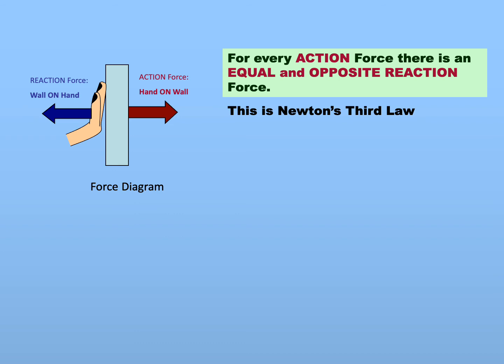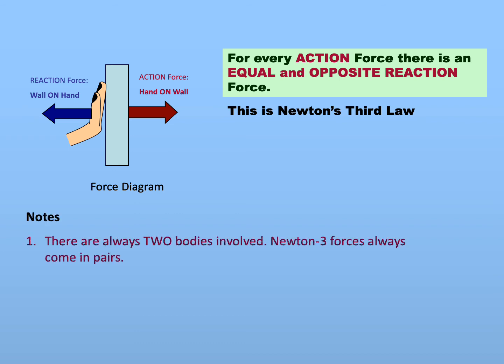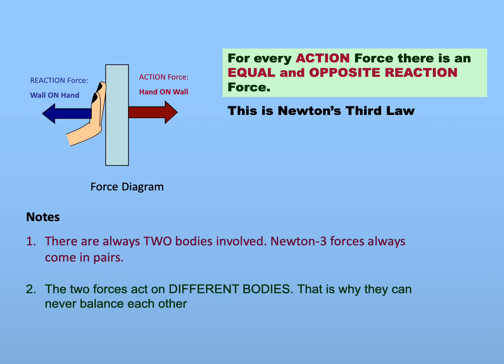Let's make a couple of observations. The first one is, whenever you've got a Newton 3 situation, that's Newton's third law, there will always be two bodies involved. Just as above, we have had the hand and the wall. Newton 3 forces always come in pairs. And here's the bit that often causes trouble.